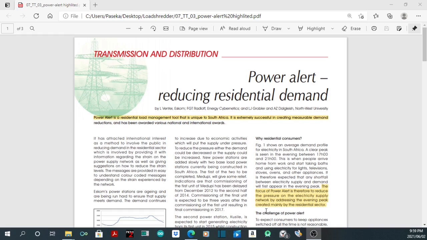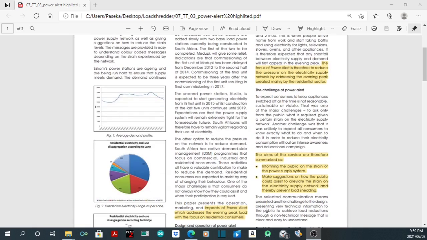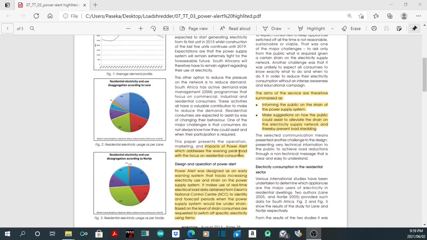And so the aims of the service are therefore informing the public on the strain of the power supply system and making suggestions on how the public could assist to alleviate the strain on the electricity supply network to prevent load shedding. So for us, mainly it's all about load shedding and not so much about building an intelligent grid network.